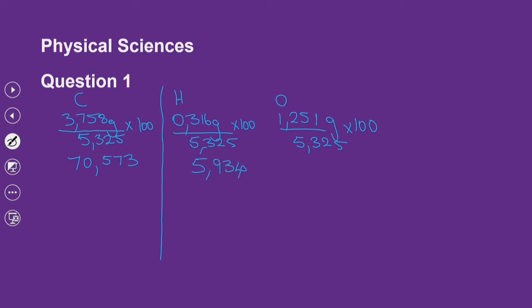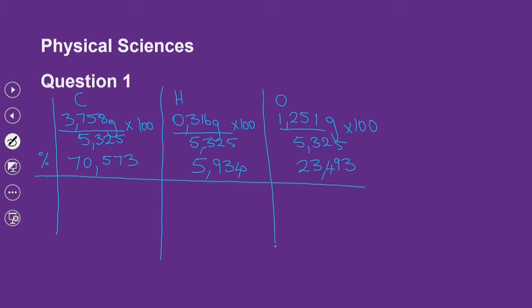Remember, these are percentages. And then oxygen is 23,493. All of them are percentages. Now we need to convert them to number of moles. So maybe let's put in here percentage. That is percentage.